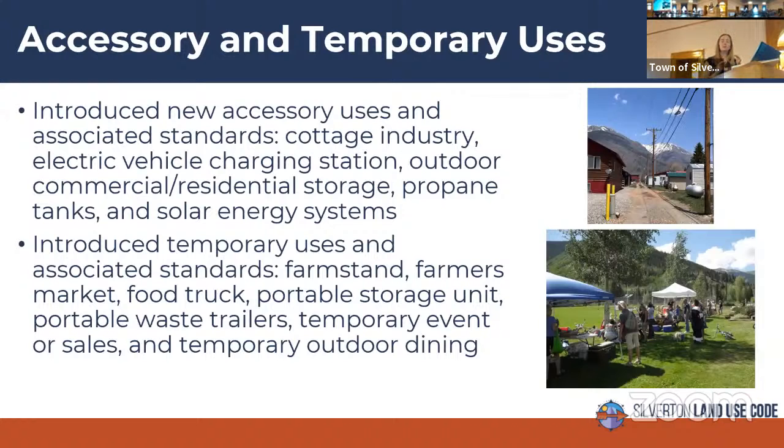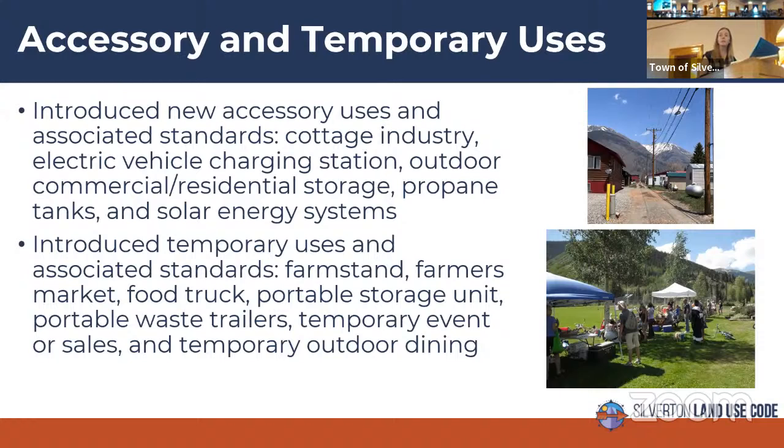And then the final portion of the use standards addresses accessory and temporary uses of land. So new accessory uses that have some special standards include cottage industry. So sort of that very, very small scale industrial that you could do out of your home, as well as some commercial, electric vehicle charging stations, outdoor commercial and residential storage, propane tanks, and solar energy systems, so things like solar panels.